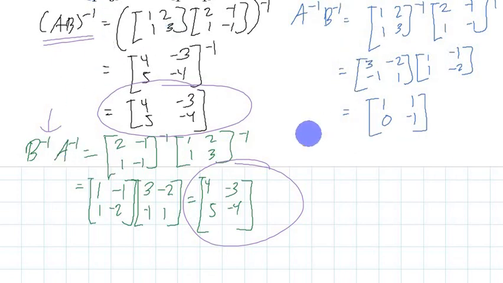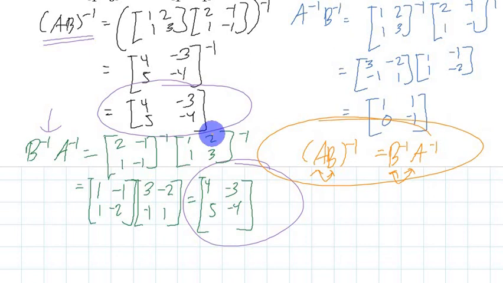By the theorem, (AB) inverse is equal to B inverse A inverse. We had to interchange the order so we can get the same result.